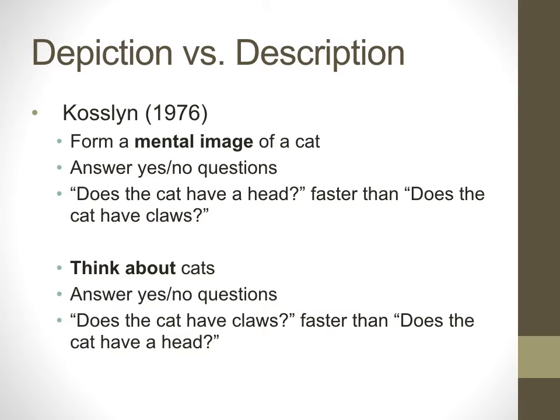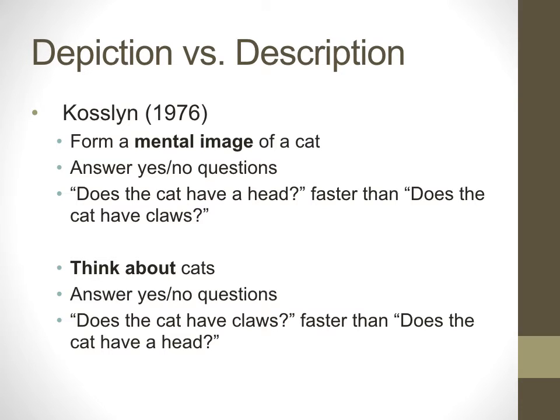Does the cat have claws? Participants responded to these questions quickly, but were quicker to respond to the head question than to the claws question. This difference suggests that information quickly available in images follows the rules for pictures, not paragraphs. So you're more likely to mention things based upon what you would see in an image than what you would describe in a paragraph about something verbally.